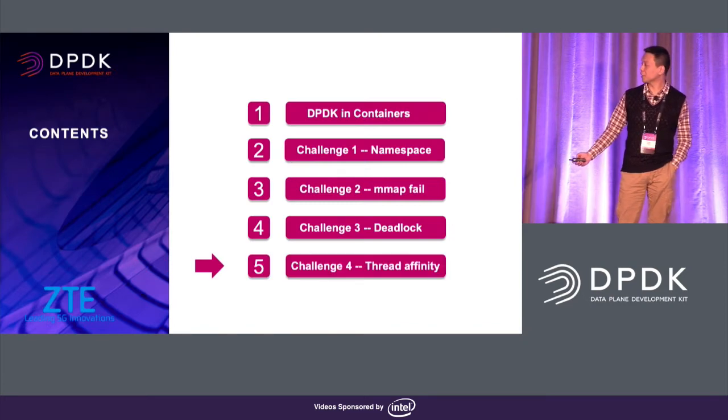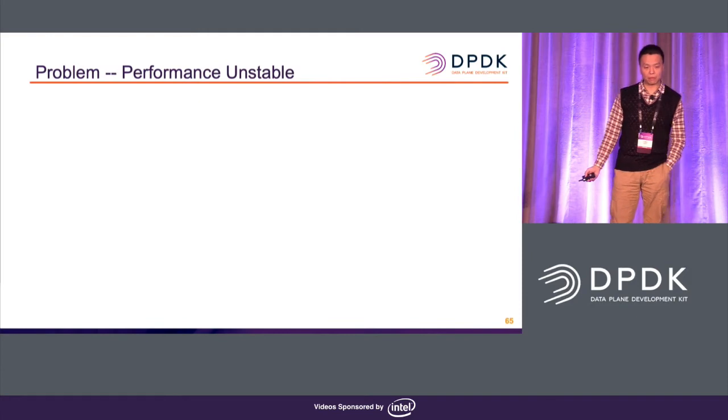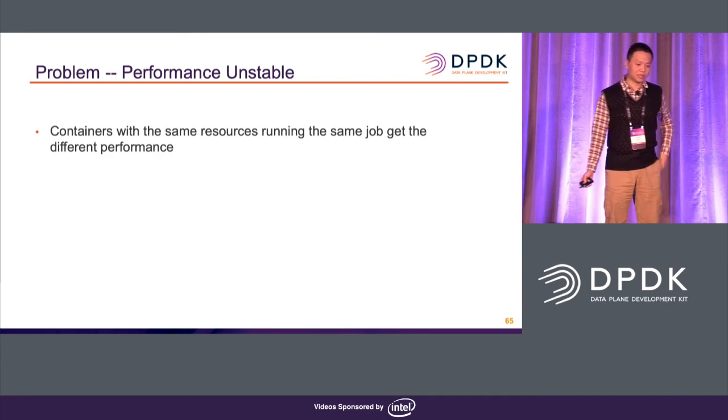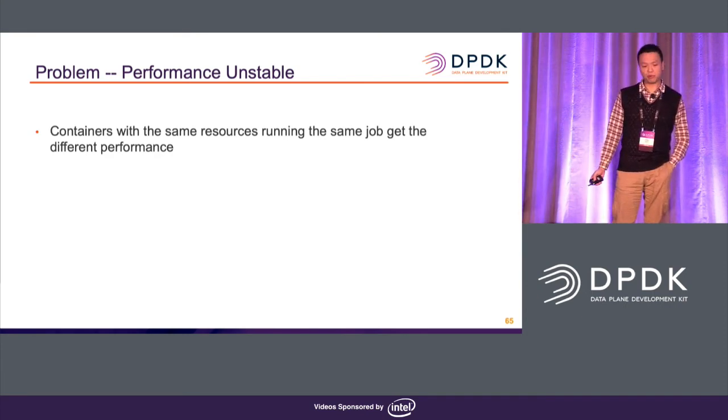And the last challenge is thread affinity. Sometimes when we test the performance, we use containers with the same resources and running the same job, but at different times we get different performance.